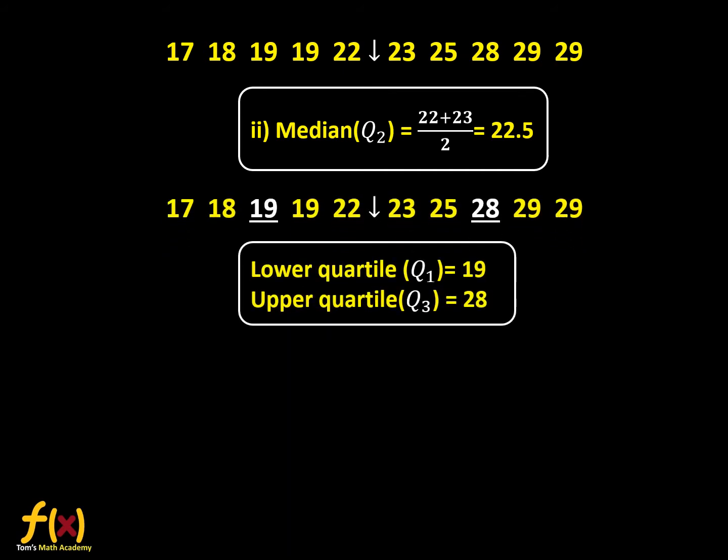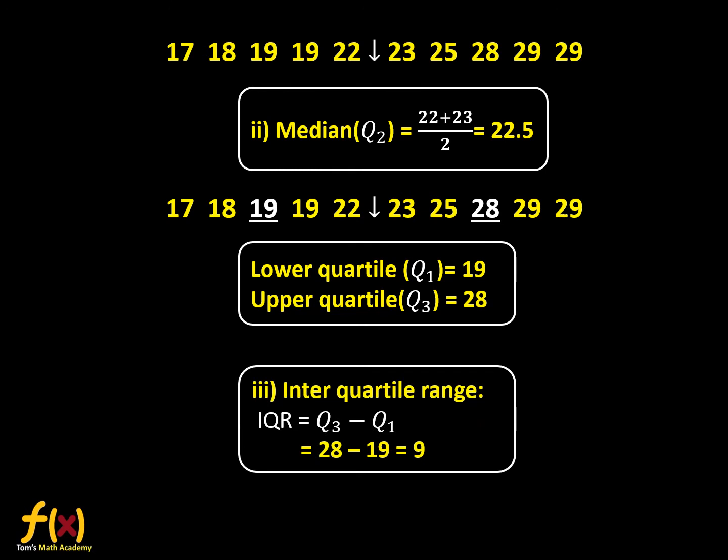Then we go for the quartiles, lower quartile. Find out the middle number in the first half, that is Q1, lower quartile. Here it is 19. And the middle number of the second half, or on the right, that is 28, which is our upper quartile.